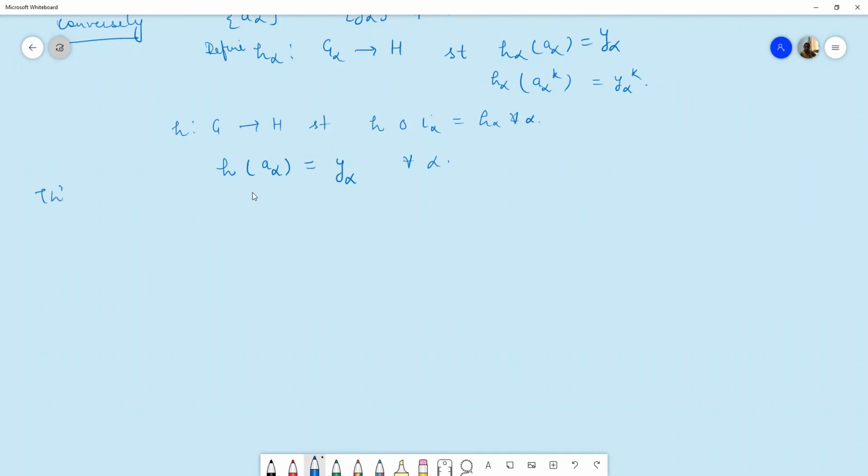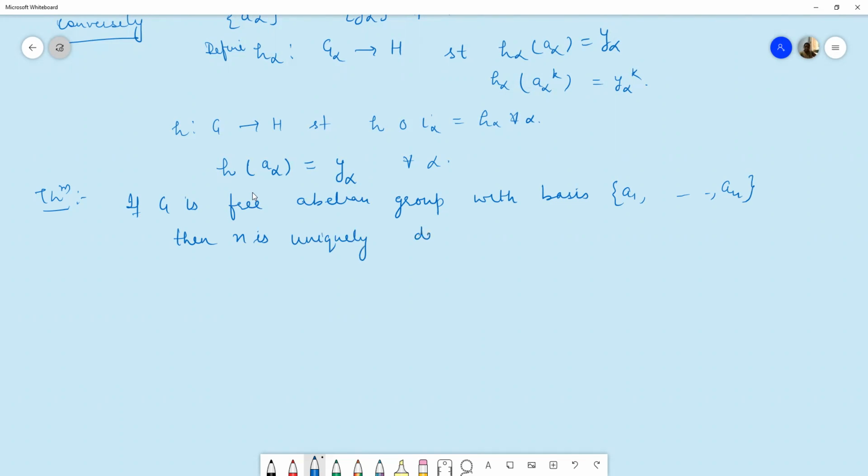Now we have this theorem. If G is a free abelian group with a finite basis, let us say the basis is given by A1, A2, up to An, then this n is uniquely determined. This means n has a fixed value.